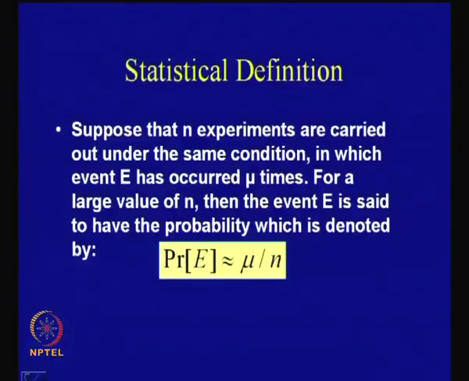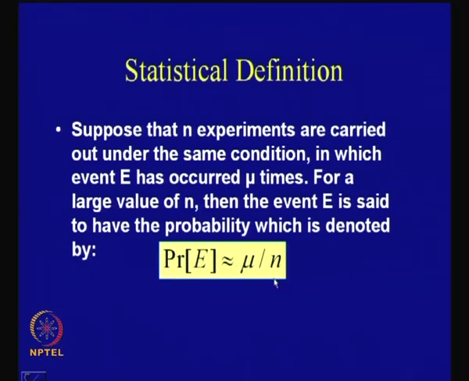Suppose there are n experiments carried out under the same conditions, in which the event E has occurred mu times. For a large value of n, and this is important, that is, if I repeat the experiment a large number of times, then the probability of E is approximately equal to mu by n.